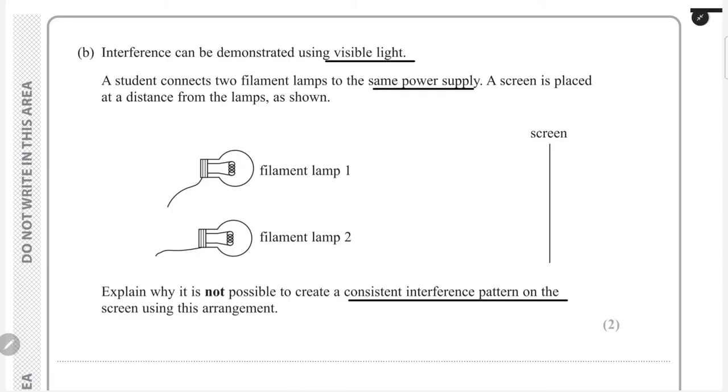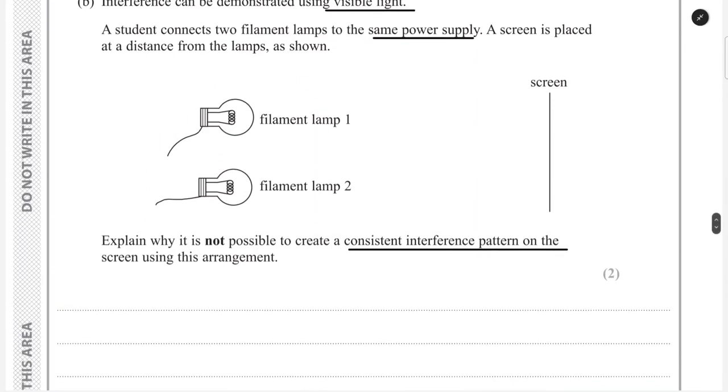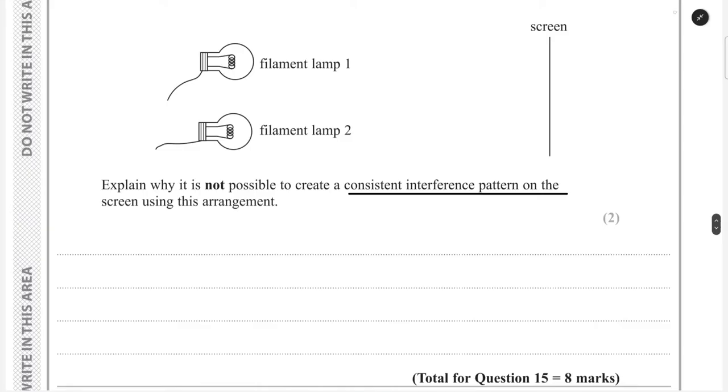So even the slightest change in the filament will cause it to not be in phase. So the sources are not coherent over here. It's not coming from the same place. And another issue is that for filament lamp, we don't have a monochromatic light source. We have several different colors over here. It is a mixture of several different frequencies of light.